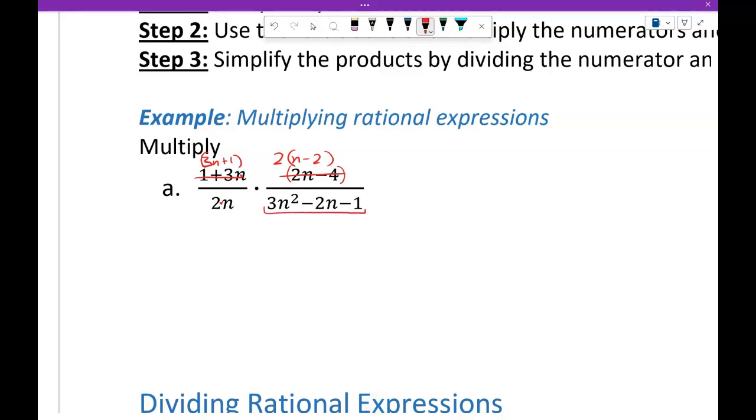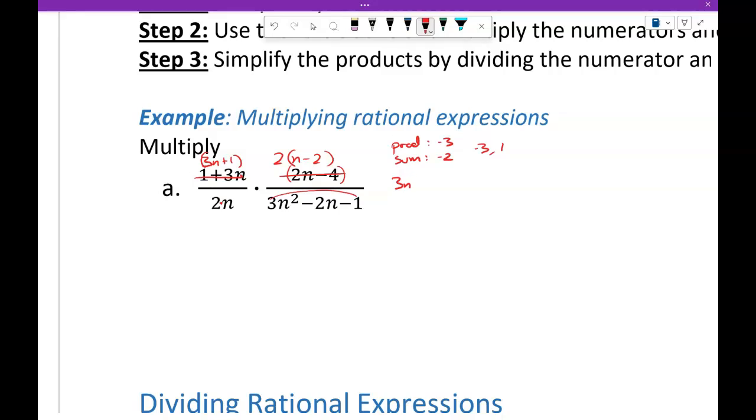Then we want to factor the trinomial that's in our denominator. And so we'll use our product sum process. We're looking for a product of -3 with a sum of -2, which is our b value. And the numbers that give us that are going to be a -3 and a +1.